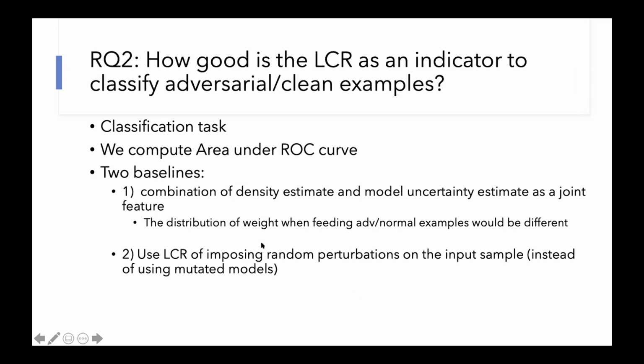I think they take the last layer of their model, fit adversarial examples and normal examples into it, and observe the difference between the distributions of the weights in the last layer. The second is the LCR of imposing random perturbations.